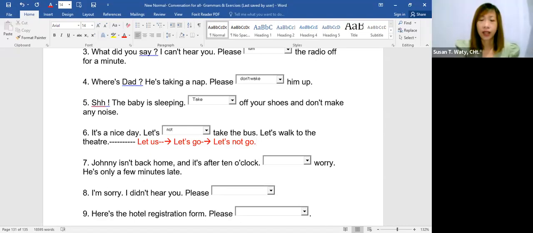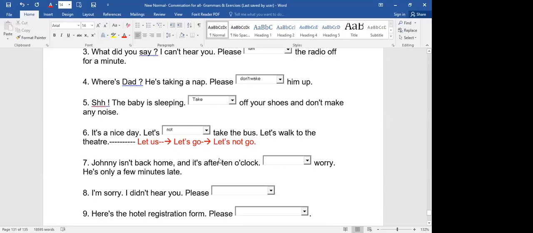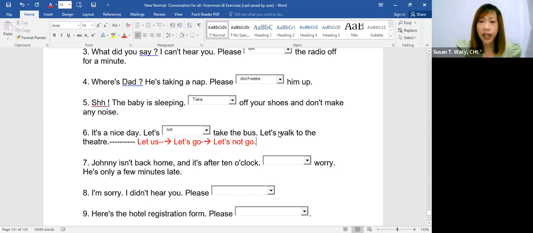Yes. And then let's walk to the theater. Theater. Yes, perfect. Now, look at this. Let's walk. Okay. Now, that's for the positive form. For the negation, we can also say let's not walk.